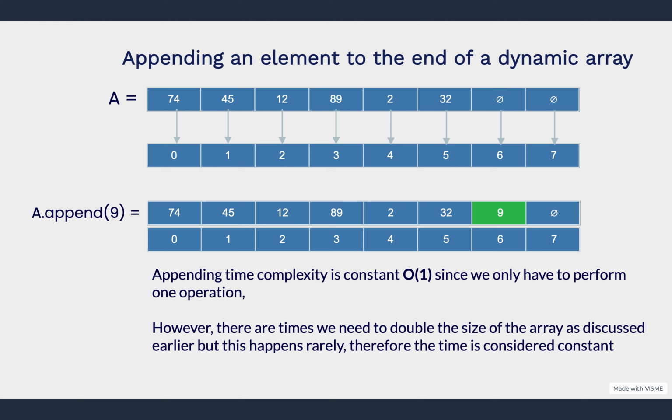However, there are times we need to double the size of the array. As discussed earlier, since the array is dynamic, we might want to increase the size, but this happens rarely. This doesn't happen all the time. Therefore, the time complexity is considered constant.